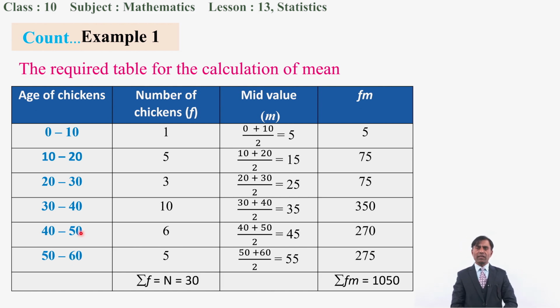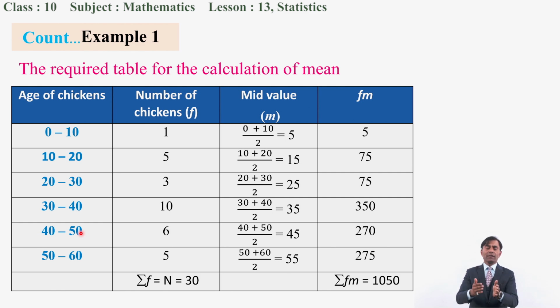Why are we not making a 7th class? Why not write 60 to 70? Because the maximum age of the chicken is 57 days. So that 57 belongs to 50 to 60; it lies between 50 and 60.